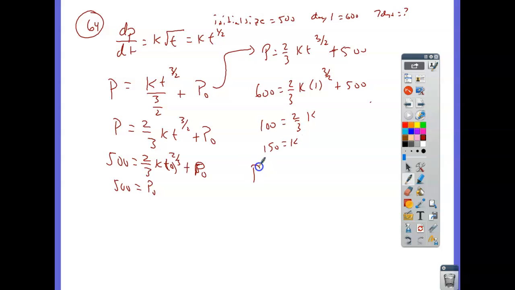So now my new equation is going to be P equals 2/3 of 150 times t to the 3/2 plus 500, right? Well, 2/3 of 150, that's 300 over 3. That's just 100, right?